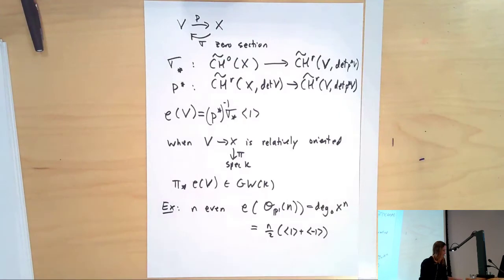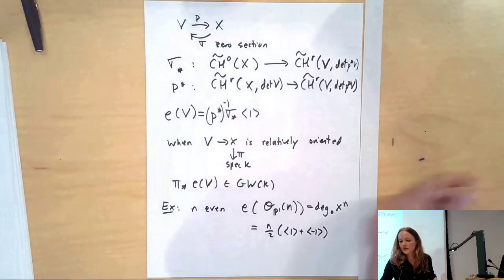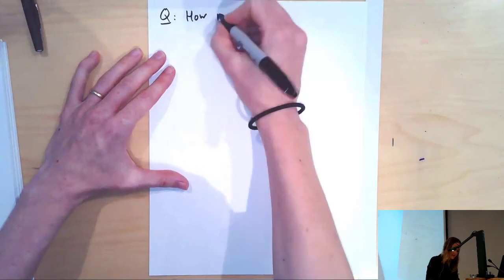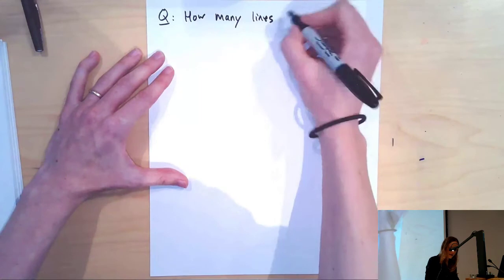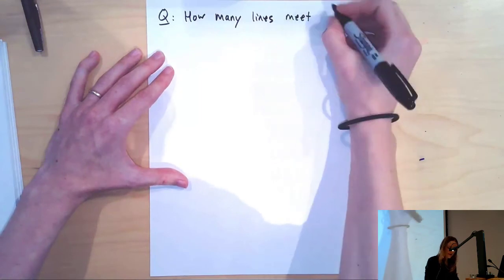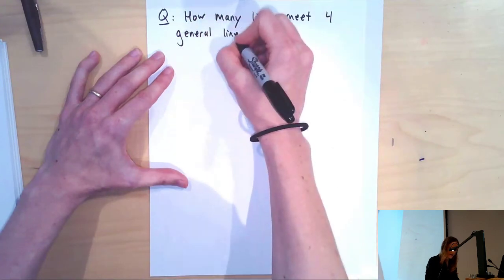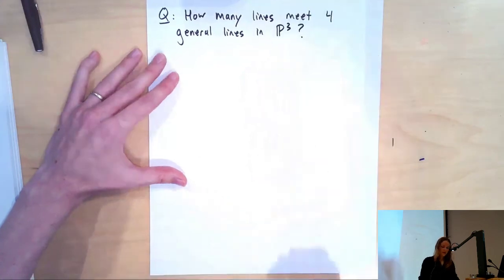Okay, so as the next example, let's get back to enumerative applications, and let's ask, how many lines meet four general lines in P3.